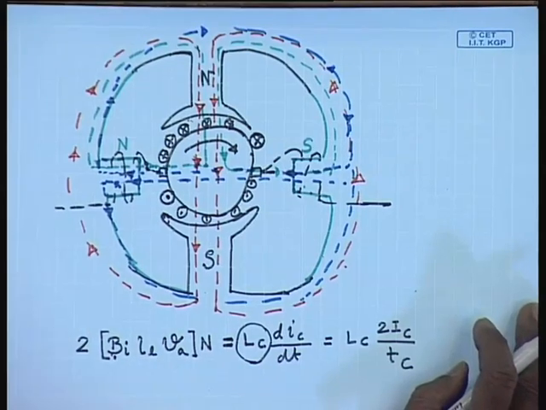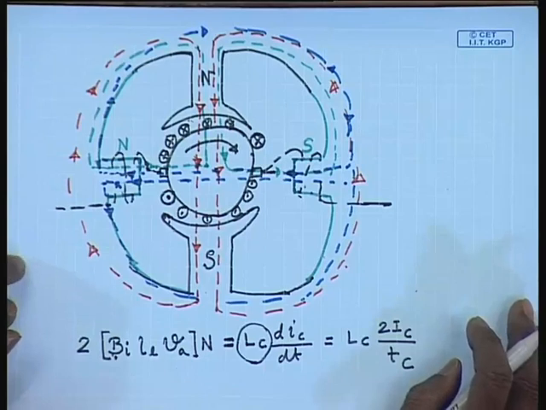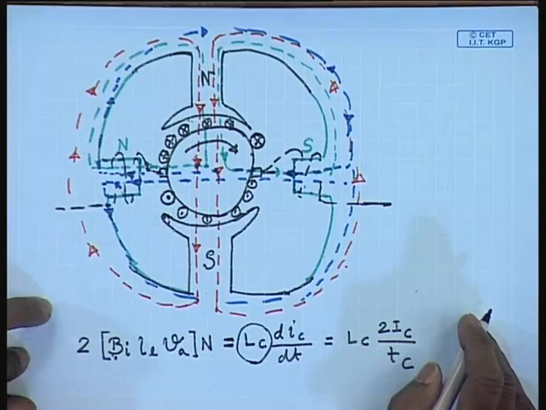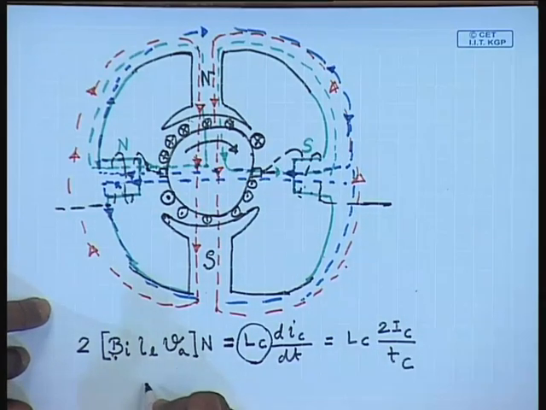Once we have found out the required flux density Bi, the required ampere turns for the interpole can be calculated as follows.